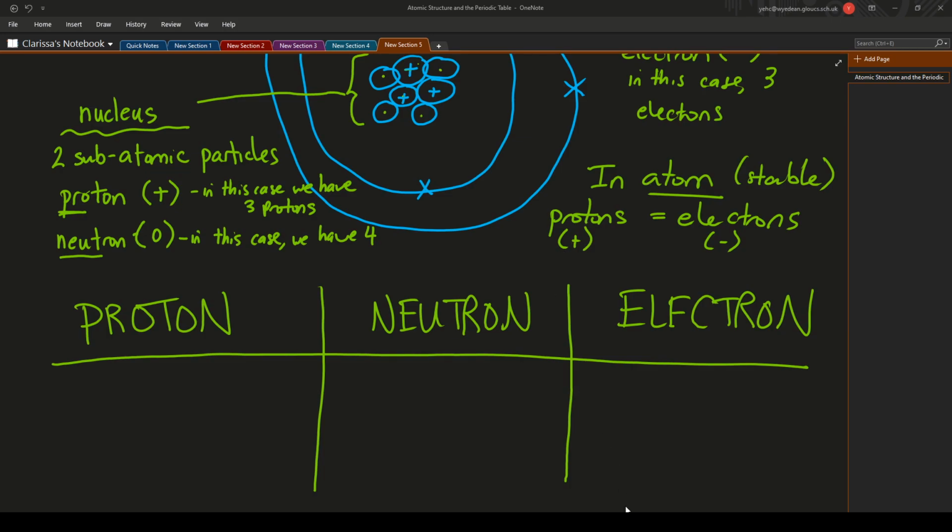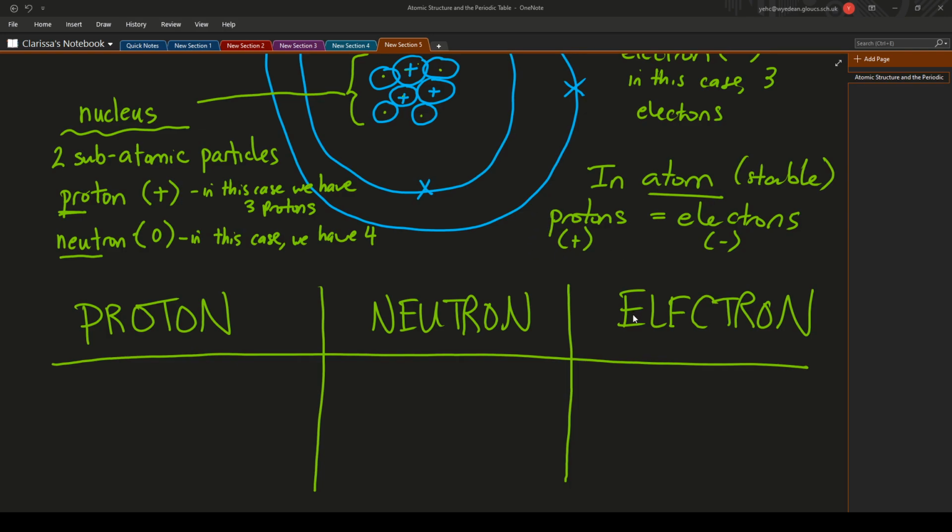You'll notice that the periodic table has some numbers on it. And these numbers represent the number of protons, neutrons, and electrons. So we can figure out how many of each subatomic particle we have by looking at the periodic table.